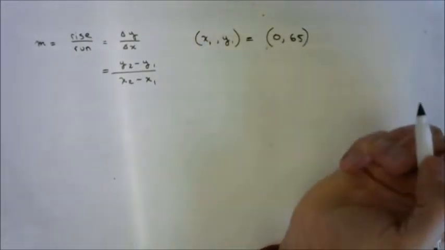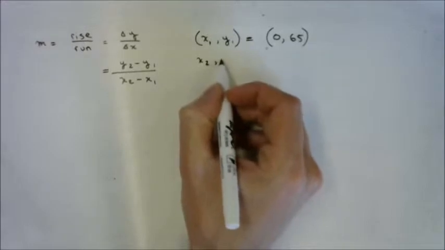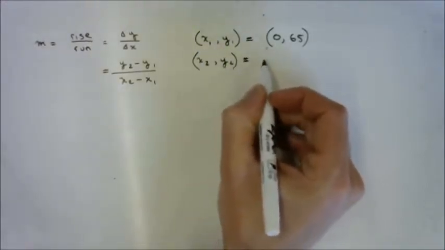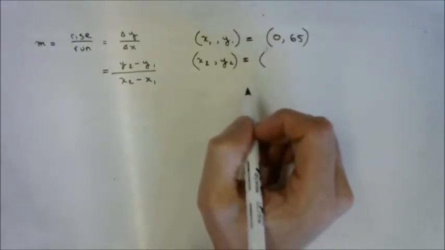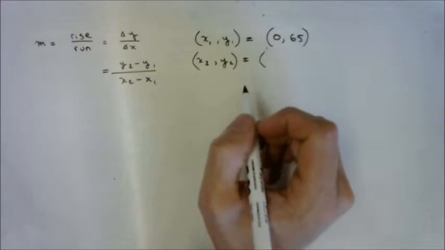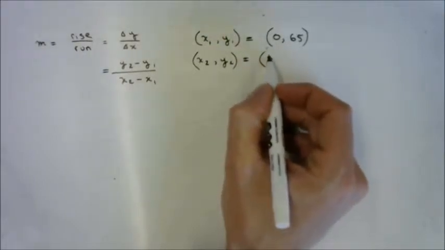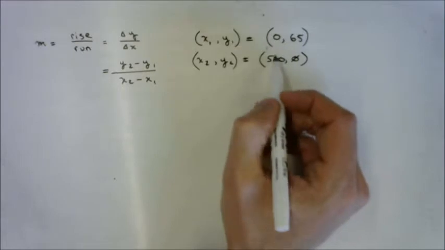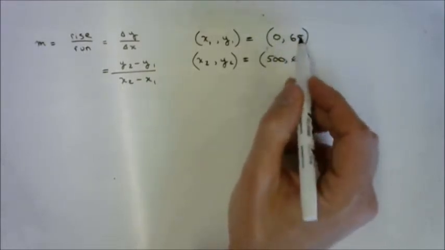It's not right on the 500. x2, y2 is going to be what? 500, 0. Careful, get your axes correct. Get your points correct. The first number is always the x number, the horizontal axis. The second number is always the vertical y-axis.